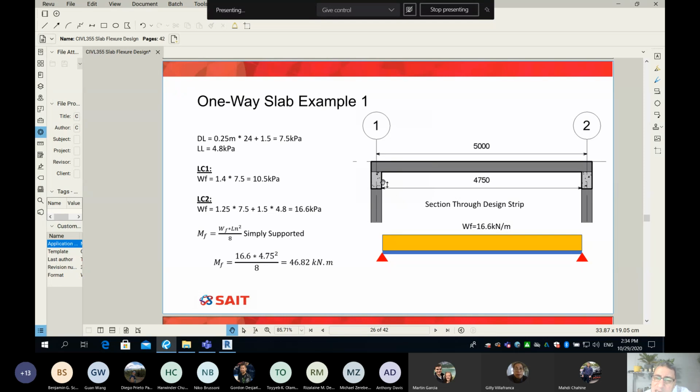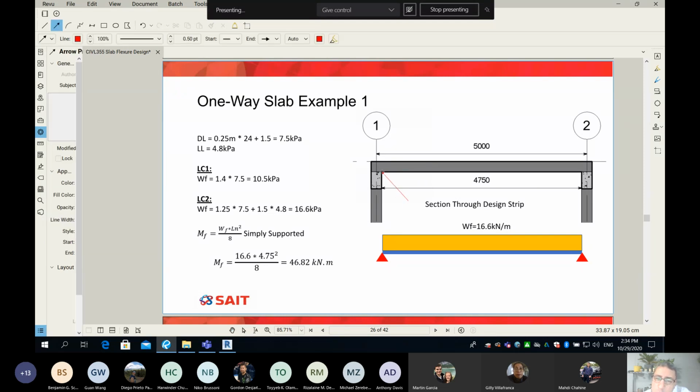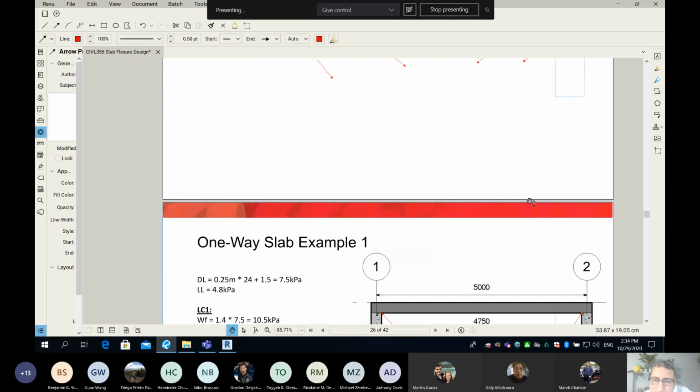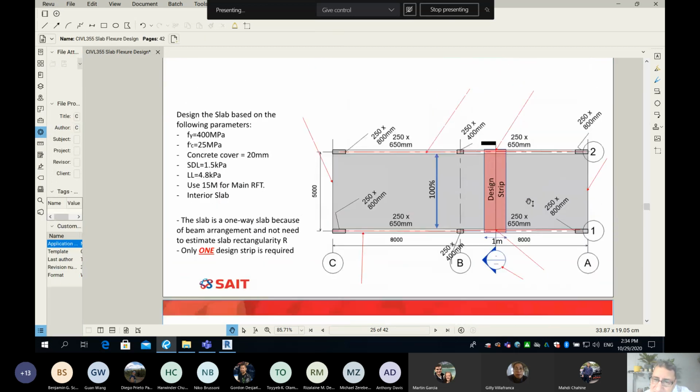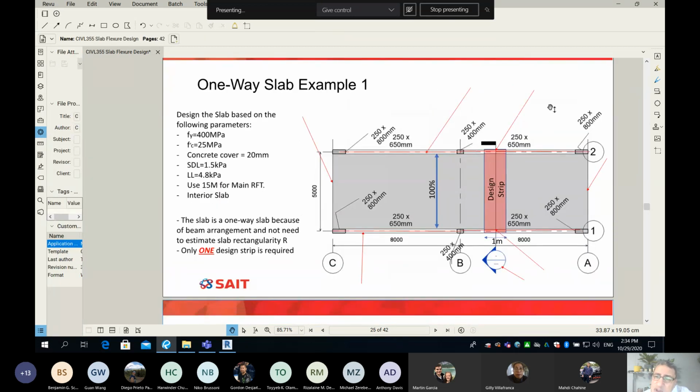And that's why the clear span, from this point here where the slab strip leaves the beam to where it finds the beam one more time, is 4.75 meters. How did I get the beam width? It's over there. Please, in the exam or in the assignment, don't ask me.